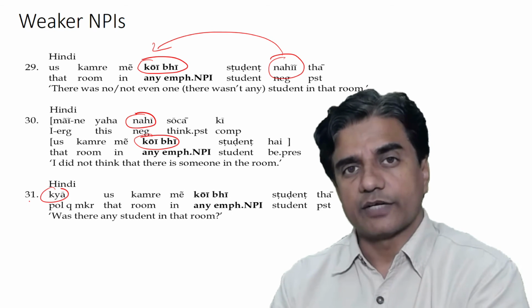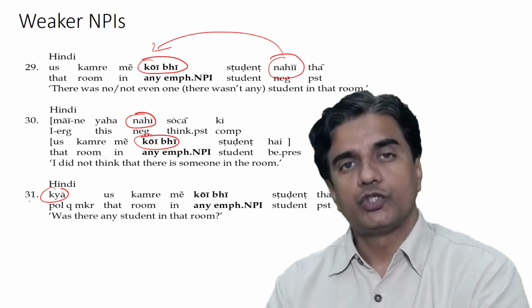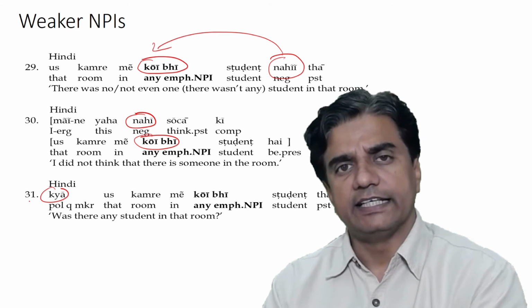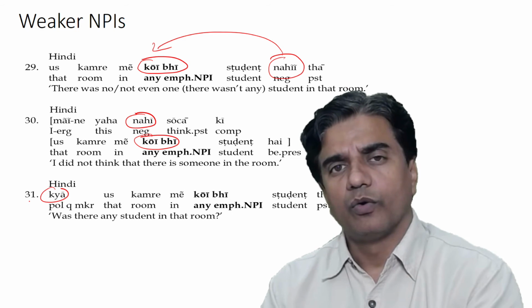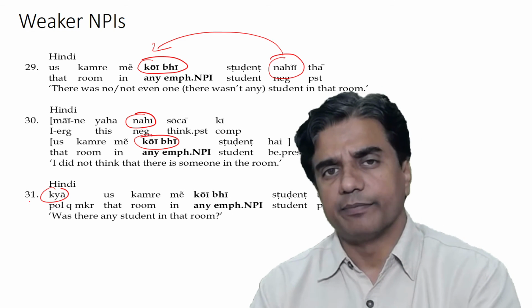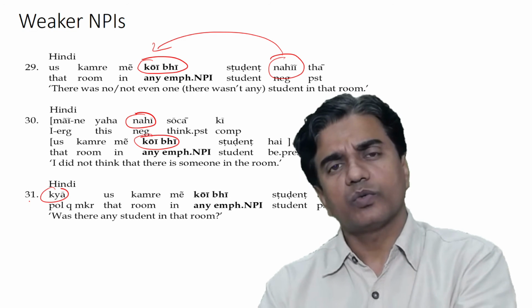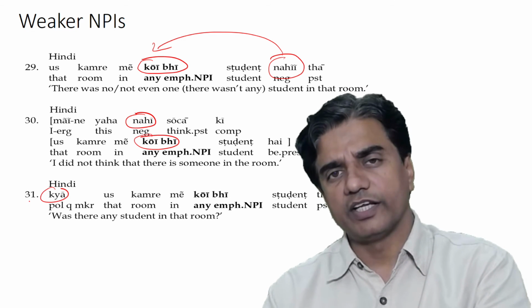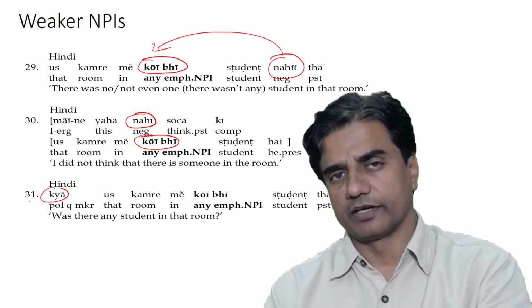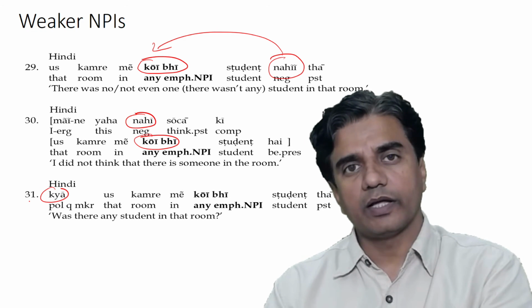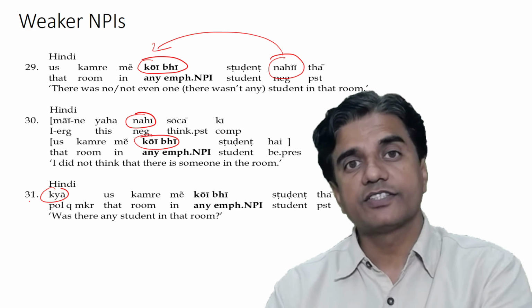There are South Asian languages where we have only 2 negative markers, but a language like Hindi has 3, and there could be yet another negative marker in some South Asian languages. However, there is no South Asian language where we find too many negative markers.